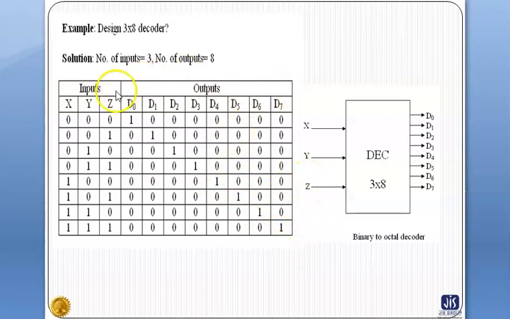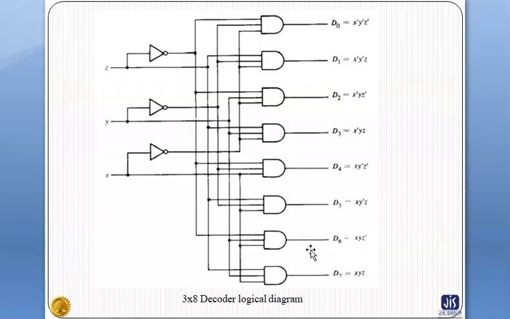So for 8 output lines there will be 8 expressions, and as per the 8 expressions the logic circuit is this. So 3 inputs X, Y, Z and 8 outputs from D0 to D7 deduced from the previous truth table. Okay.